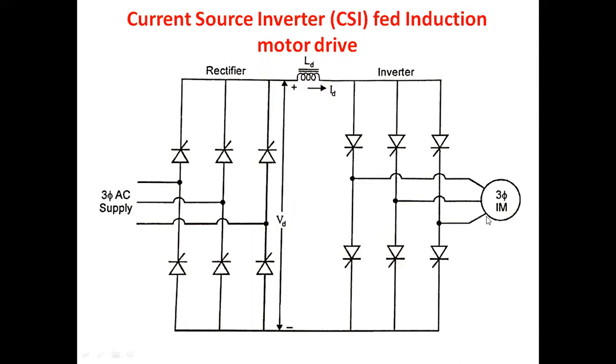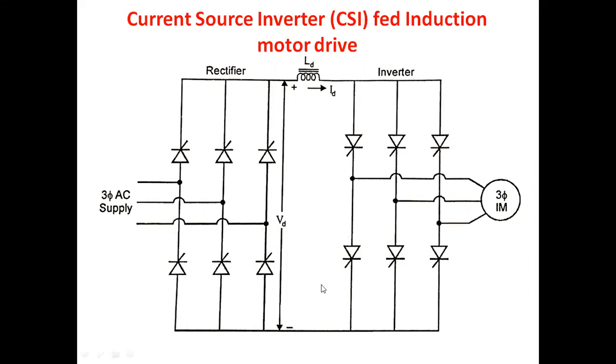As we know, the 6-step inverter will only control the frequency, but not the voltage and current magnitudes. The internal control does not have that provision except frequency control.